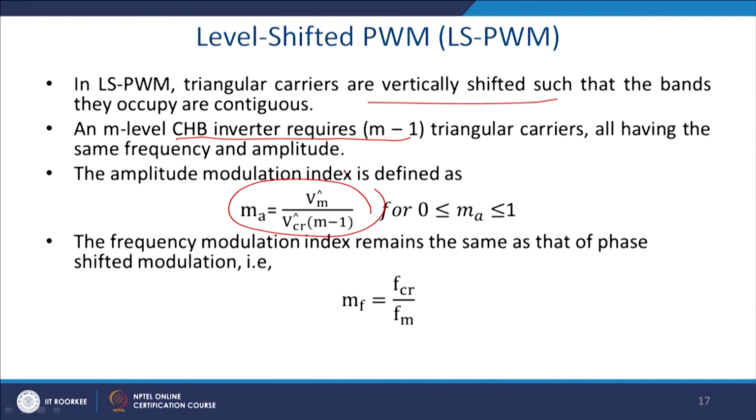The amplitude modulation index in this case is defined by this: m_a will be equal to V_m divided by (carrier amplitude times (M minus 1)), which is the level. The frequency modulation index remains the same as that of the phase shifted modulation, basically it is just phase shifted.